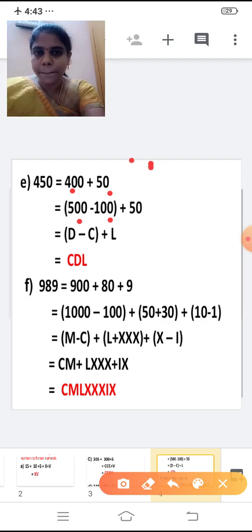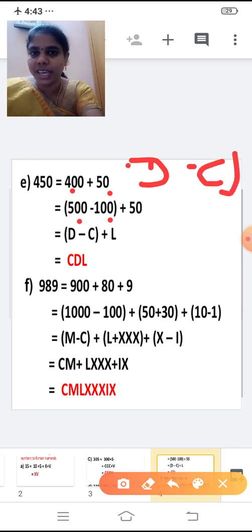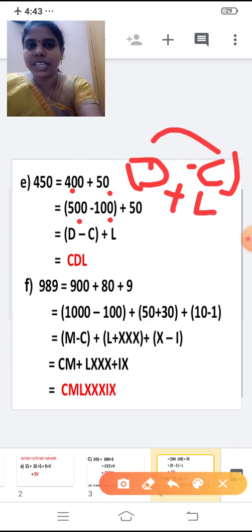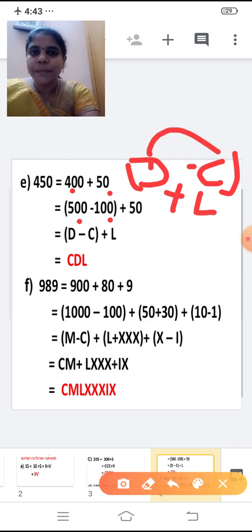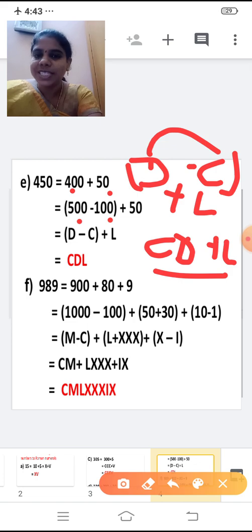So D minus, what is the Roman numeral for 100? C. D minus C plus L, plus 50. What is the Roman numeral for 50? L. So how to write D minus C? So CD plus L. Now write all together, CDL. Clear, children? Shall we move on to the next one?